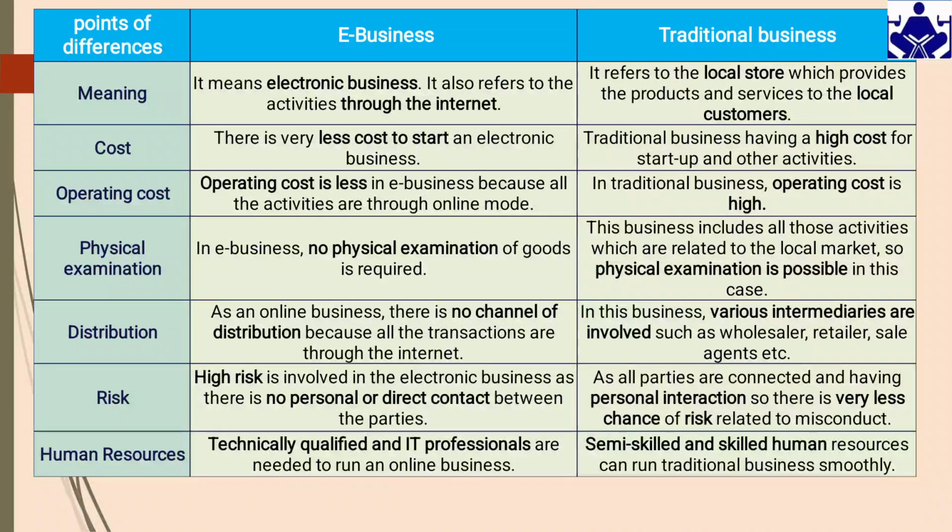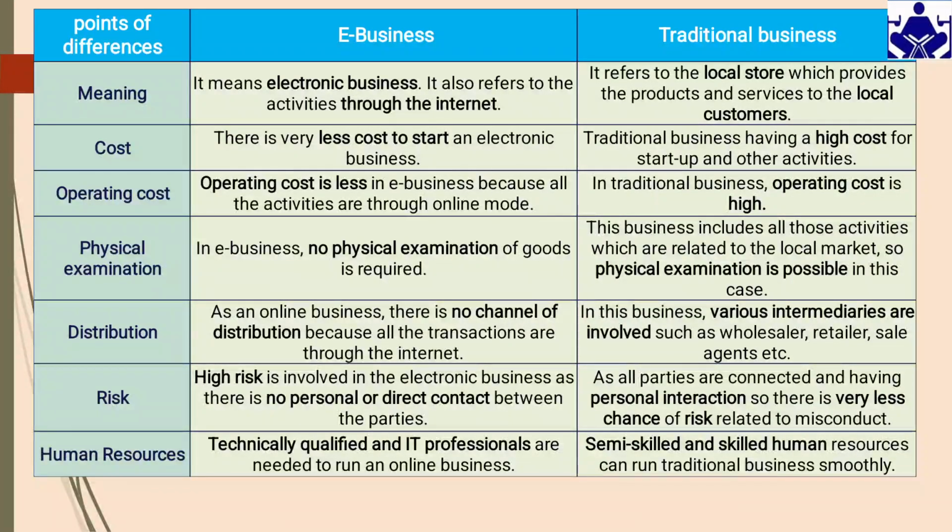Operating cost. Operating cost in e-business is less because all the activities are conducted through online mode. Whereas in traditional business, operating cost is very high. For example, payment to the staff, electricity expenses, maintenance, furniture, etc. Physical examination. In e-business, no physical examination of goods is required.